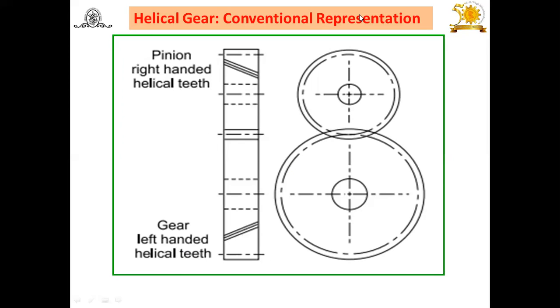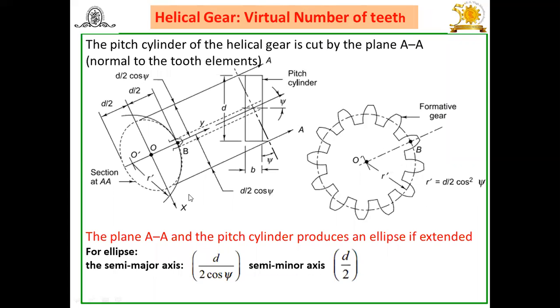That means to have proper meshing between them, one gear must have right hand helical teeth and the other gear must have left hand. Then gradual engagement is possible. And this is the conventional representation of helical gears on paper.